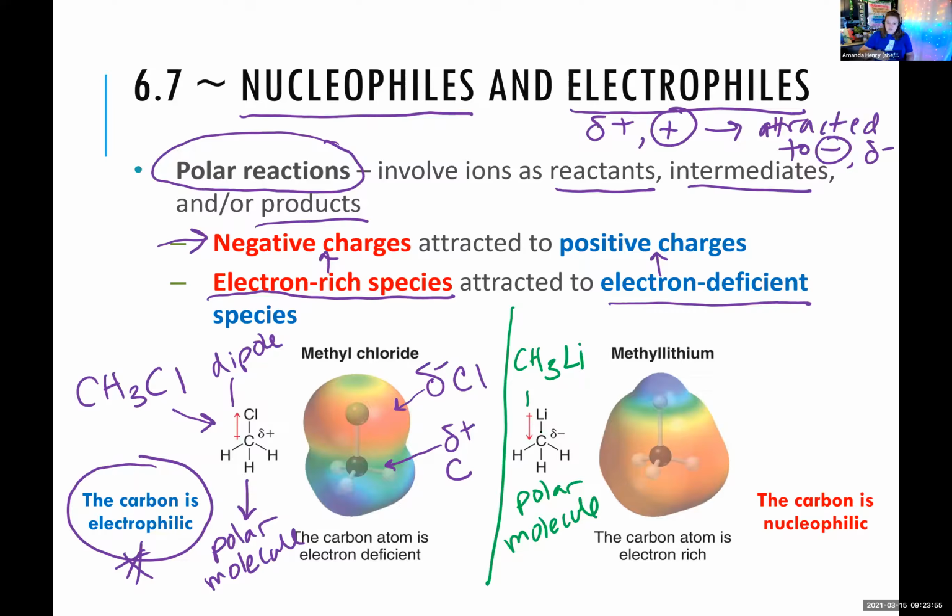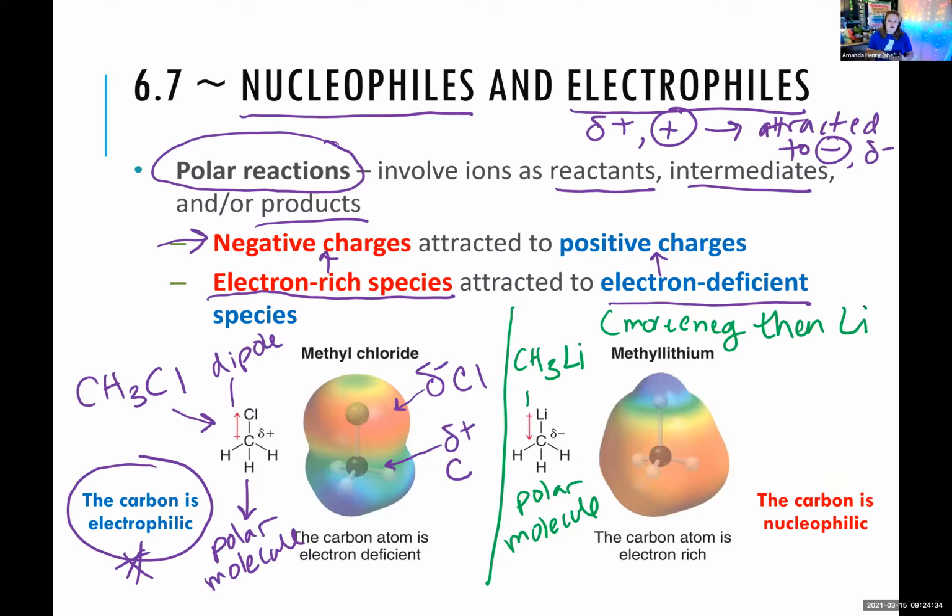It's going towards the carbon because carbon is more electronegative than lithium. There's not a whole lot of things we use that are less electronegative than carbon. In terms of non-metals, carbon's pretty much as low as we get. So in order to get something that's less electronegative, we do have to switch over into the metals. So lithium gets used for this, magnesium gets used for this. We'll see that in a few chapters.